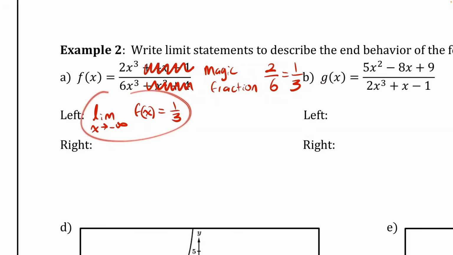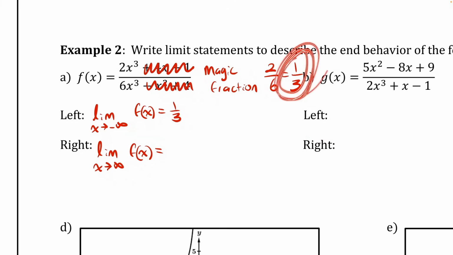I want to write this, but now for right. The limit as x approaches infinity of f of x equals whatever it equals. What height am I approaching? Yep, that one. 1/3. Magic fractions are interesting because it is the left and it is the right, no matter what.